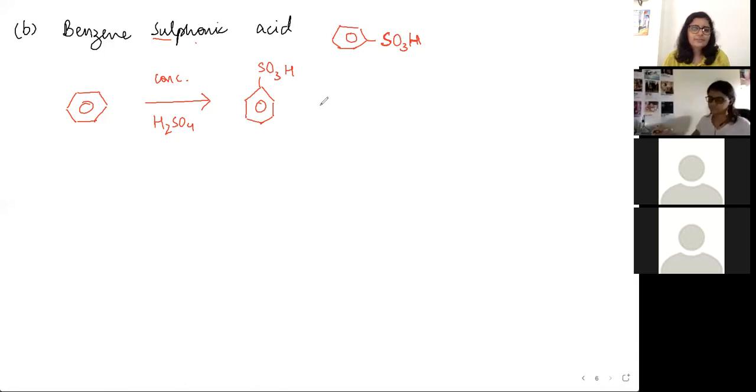So once you have benzene sulfonic acid, the process is similar to the haloarene one. First treat it with NaOH. Treating with NaOH gives you the sodium salt of the sulfonic acid, and then on acidic hydrolysis, you get phenol.